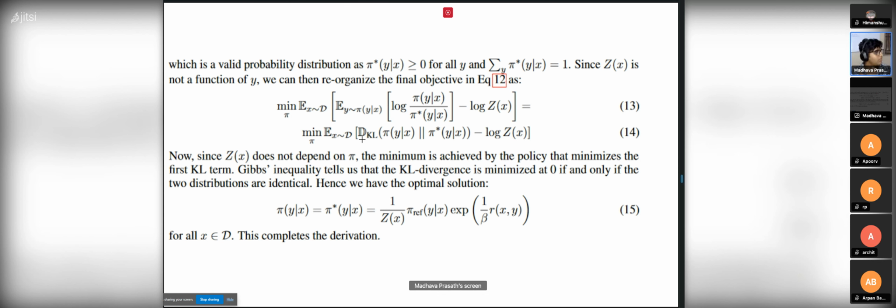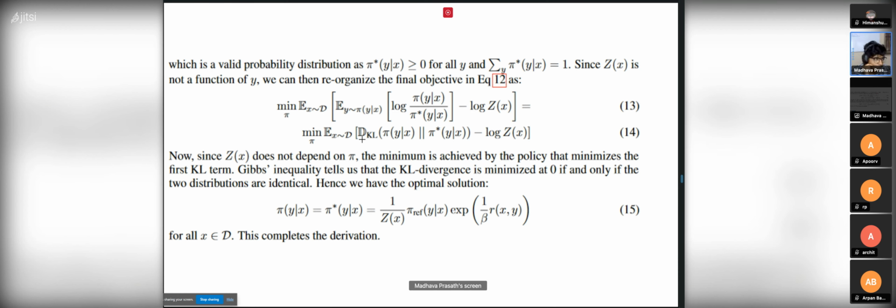Primarily, KL divergence is used to evaluate the distance between two distributions, let's say a probability distribution A and a probability distribution B, because you can't use Euclidean distance or any other distance to evaluate it.